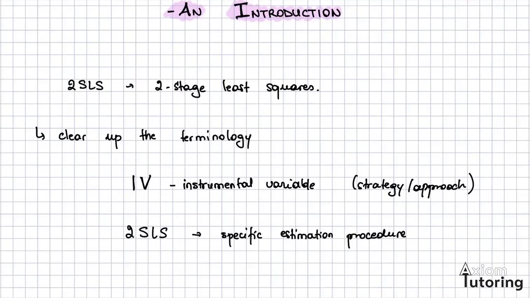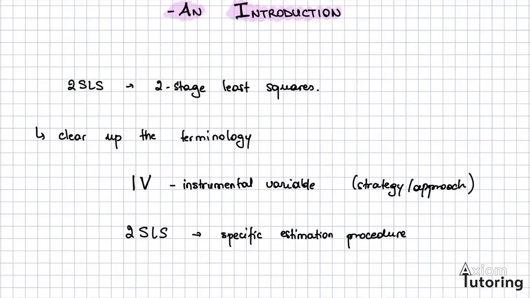So it's the most common way to implement IV in practice. So when people say, I ran an IV regression, they almost always mean that they have used 2SLS. So the terms are often used interchangeably, but strictly speaking, IV is the idea and 2SLS is the method, okay?